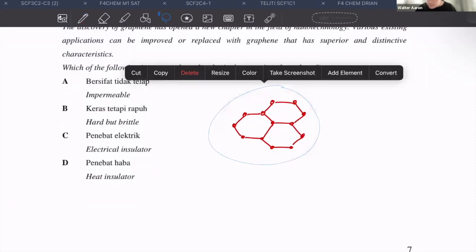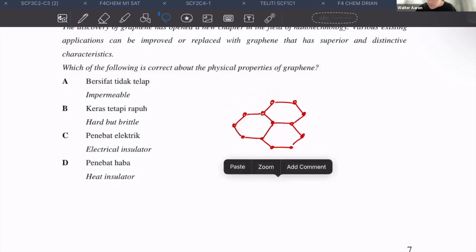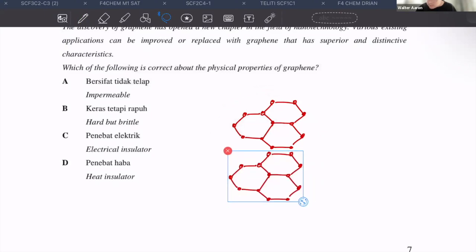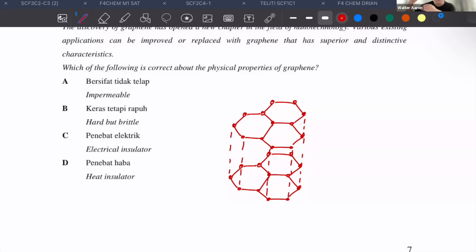So this is just to show you how it looks like. Just imagine you have two layers inside the graphite structure. The layers of graphite are held together by weak van der Waals forces. You can see them in the dotted lines. So that is the van der Waals forces. Graphite has many layers, which makes it very slippery.